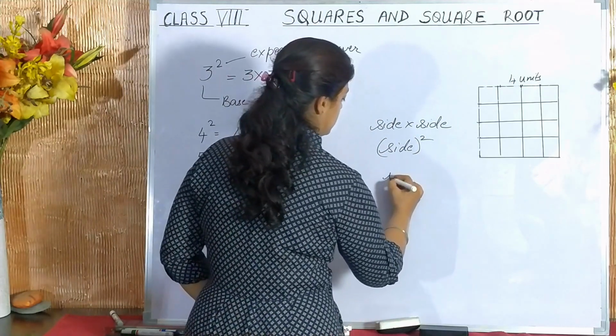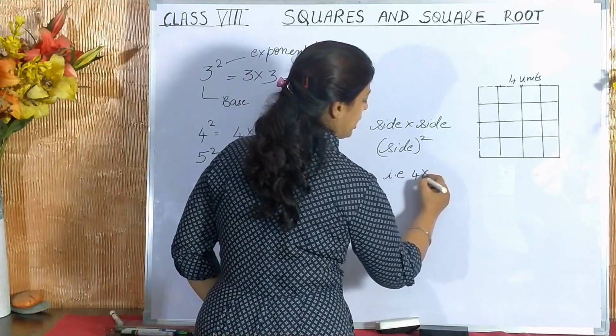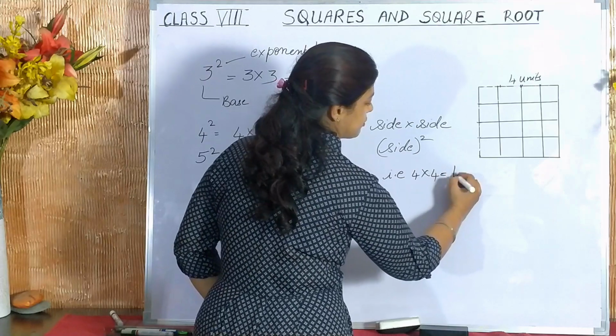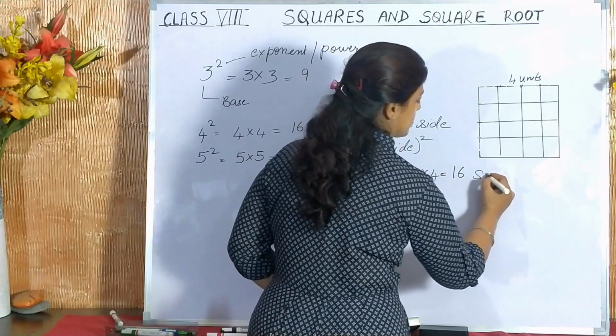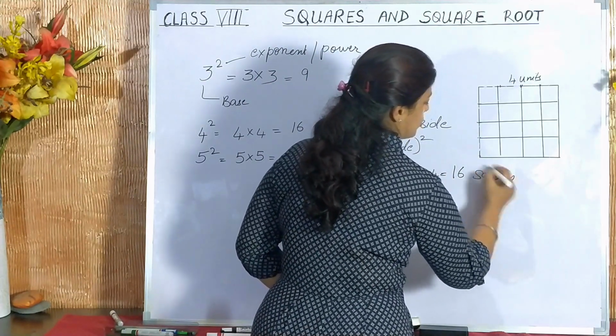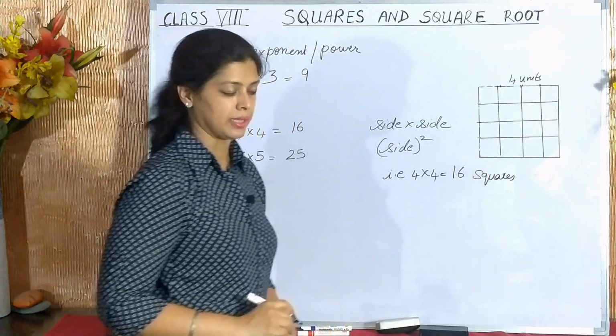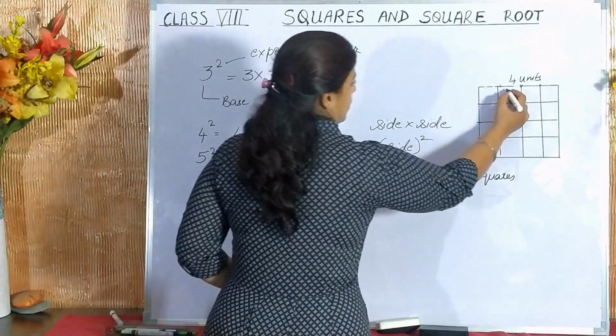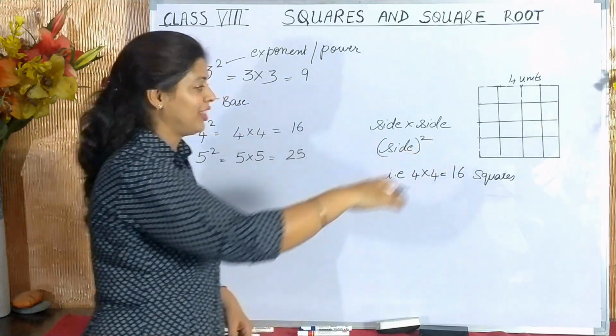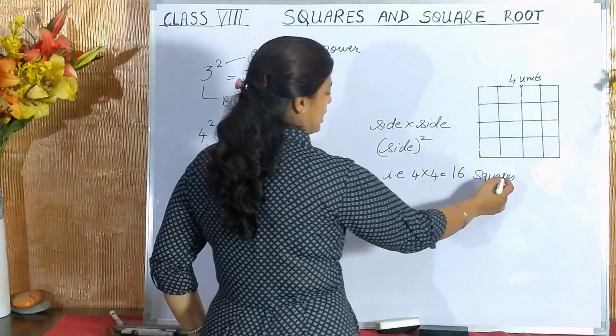That is, what I am doing is 4 multiplied by 4 2 times, which gives me 16 squares. So if I count, I have got 16 squares. It's not very perfectly drawn actually.